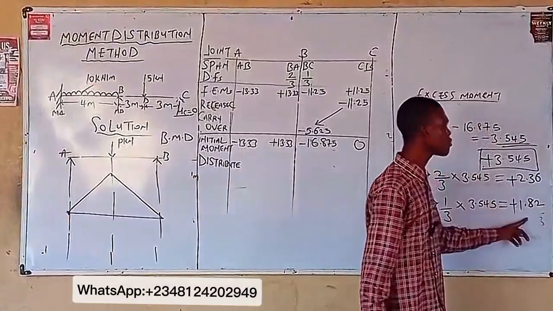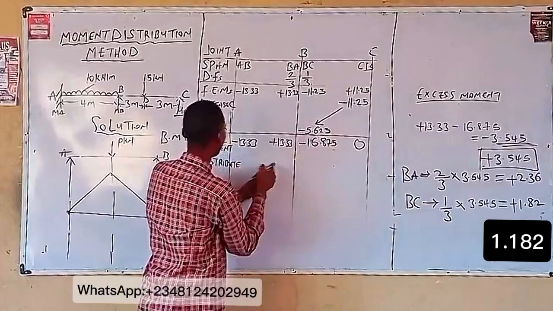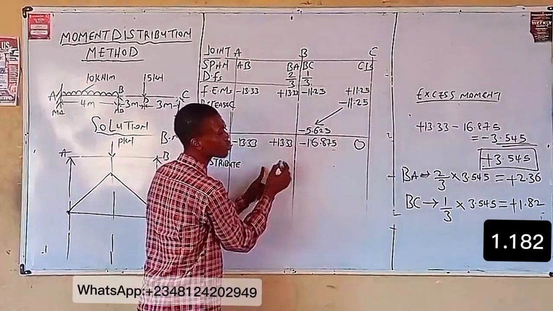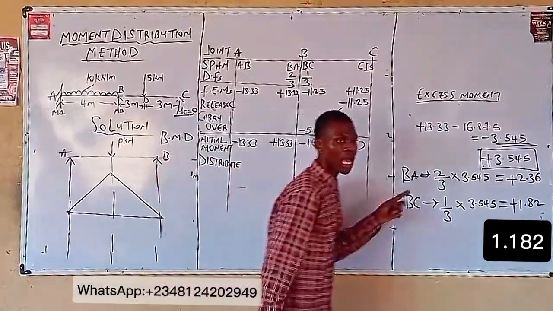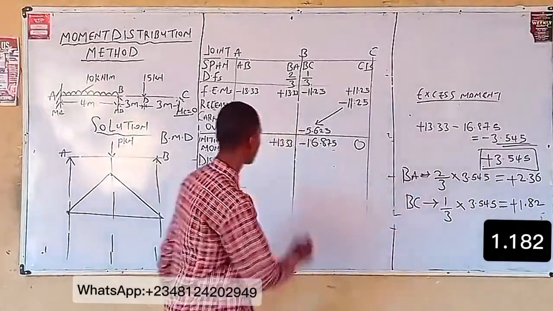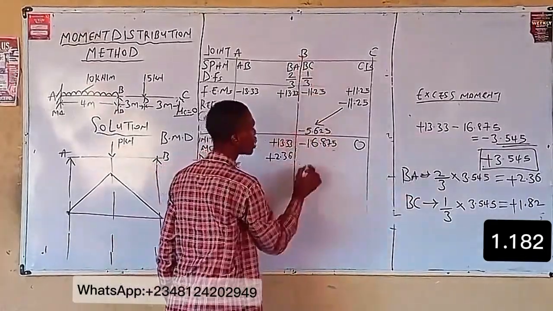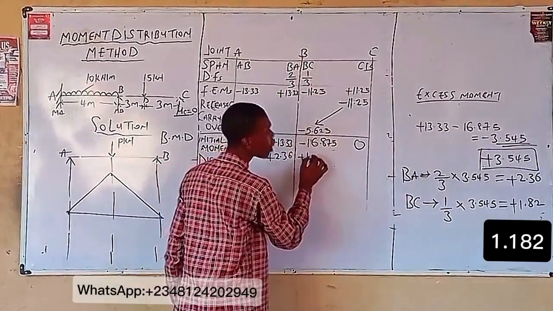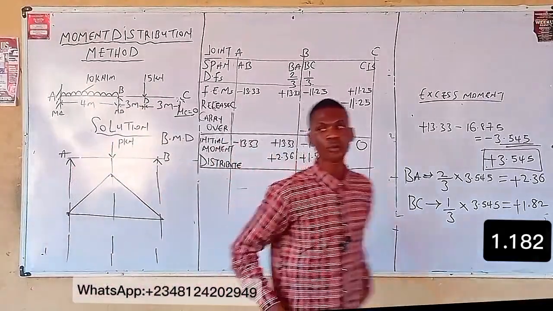I'm having positive 1.82 now. Substitute. For span BA, my distribution will be plus 2.36. For BC, that will be plus 1.82. Now, up to this level, I want to say something.